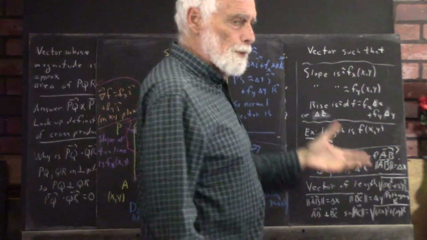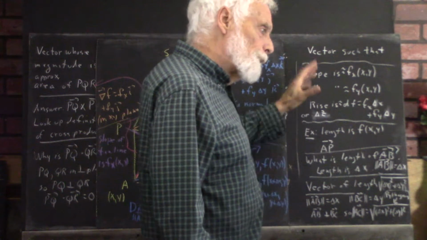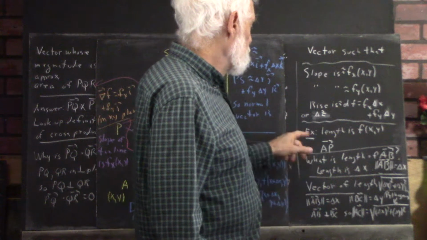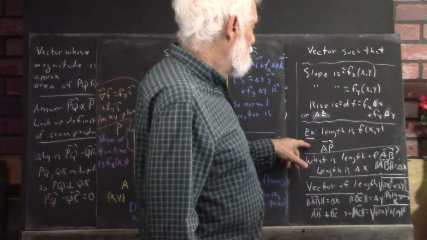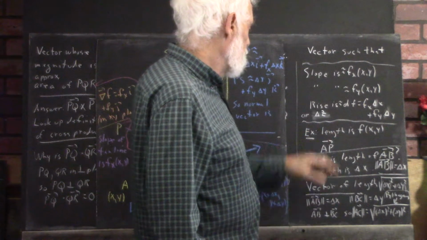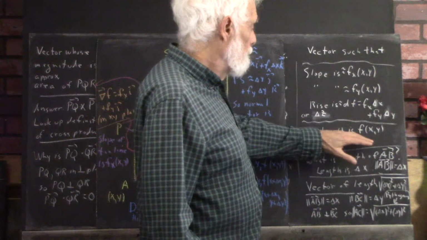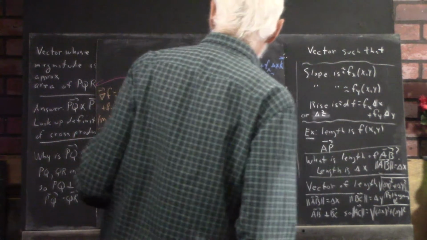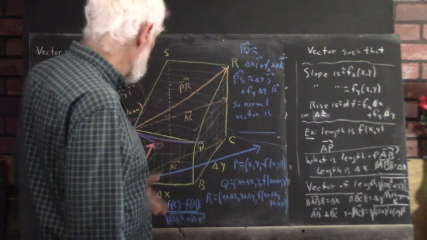I realized pretty quickly that I wasn't going to get good answers from many people, so we had to do an example. Okay, so an example. The length of the vector is f of xy. Okay, what vector has a length of f of xy? What vector could you label on this graph in terms of the letters A, B, C, D, P, Q, R, and S?